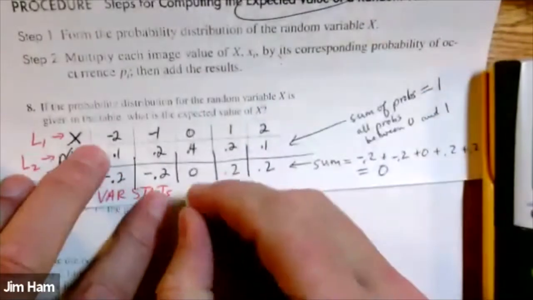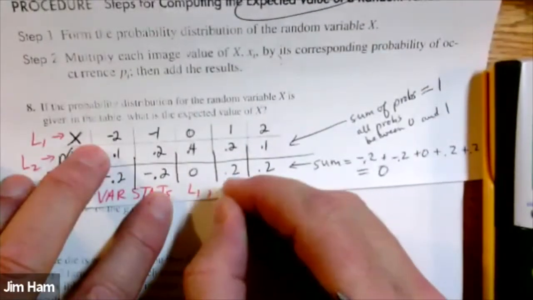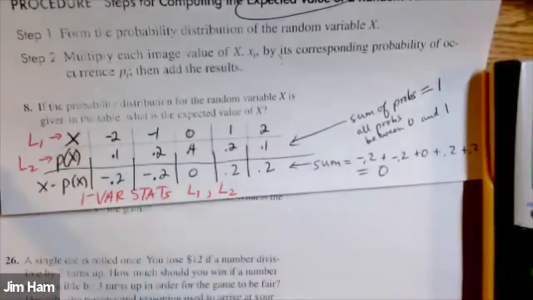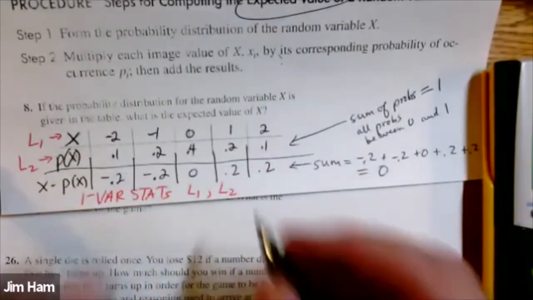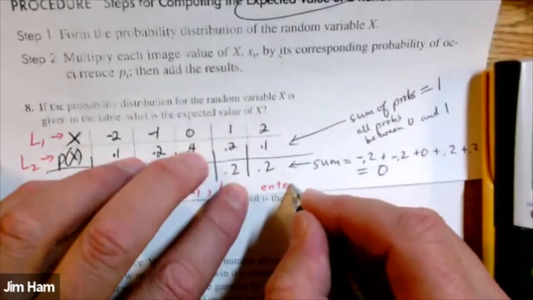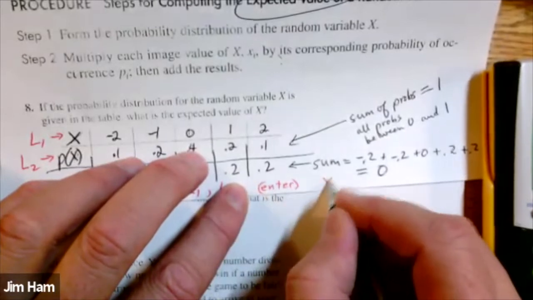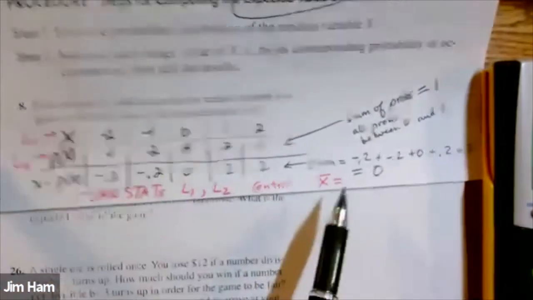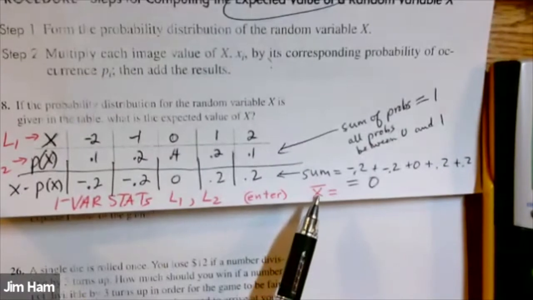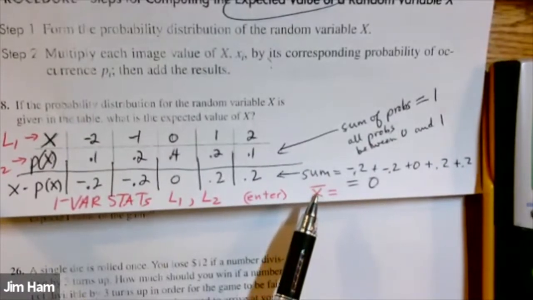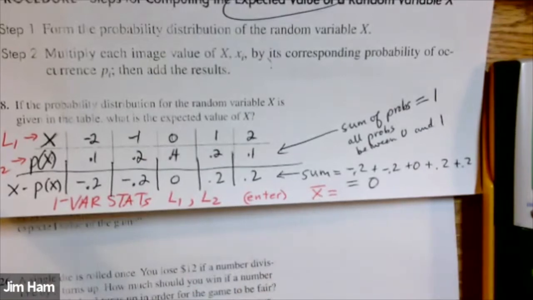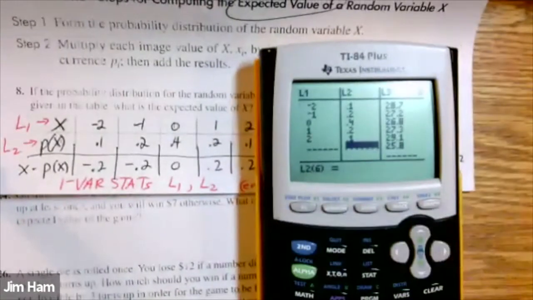You need to put in L1 as your X list and L2 as the probability list, and then enter. Your calculator will calculate the statistics, and the expected value, or the mean, is X bar.